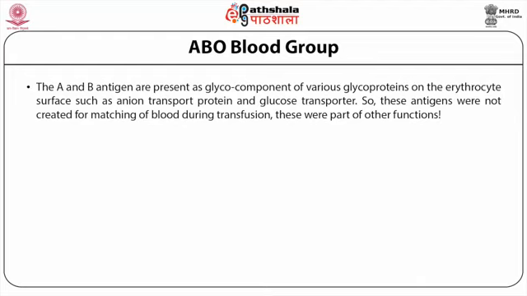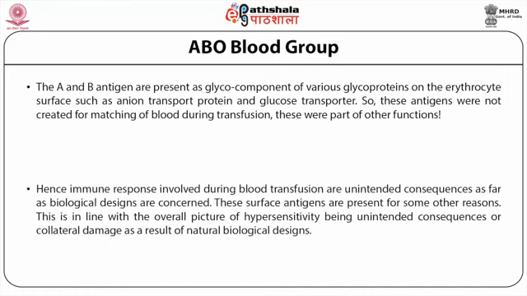So these antigens were not created for matching of the blood during transfusion. These were part of other functions. Hence, the immune responses involved during blood transfusion are unintended consequences as far as biological designs are concerned.